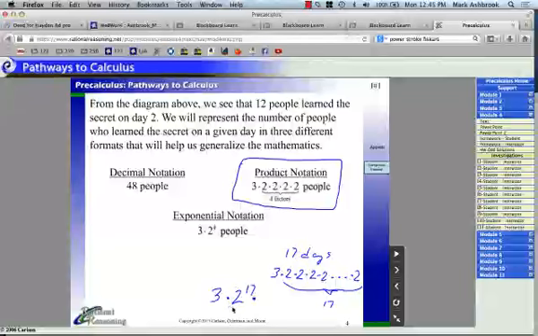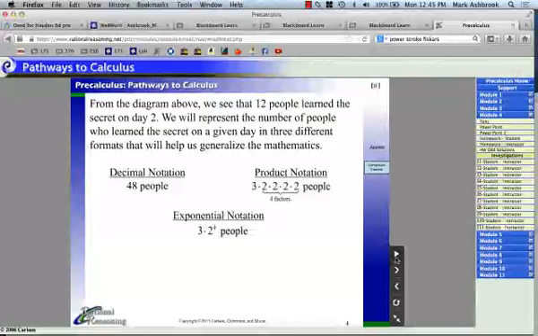So when you see that, your understanding has to be, oh, that's 17 twos multiplied together, or doubling every day for 17 days. We want to really be able to see that. We're going to see lots of expressions like this, but you have to look at that and imagine the product notation. What's going on here, right?